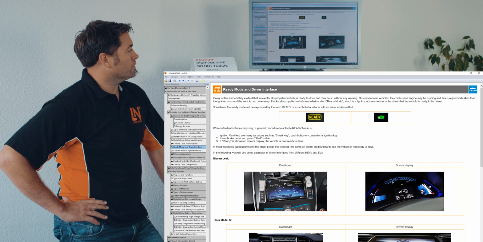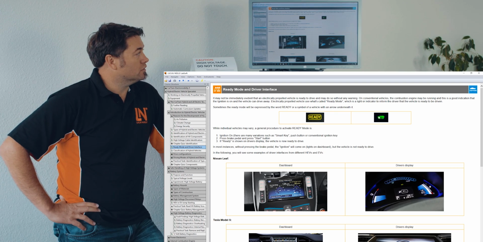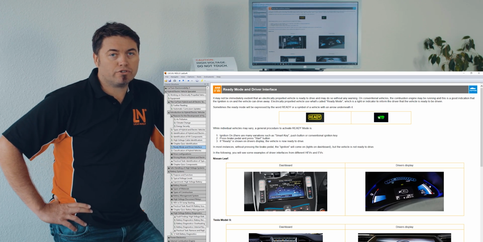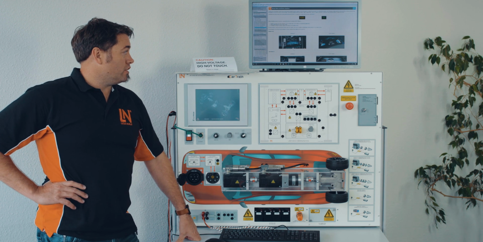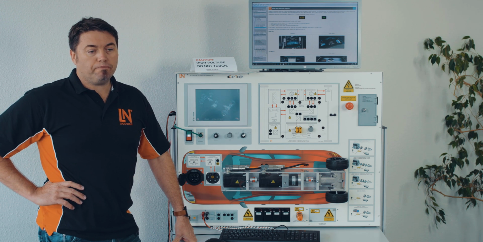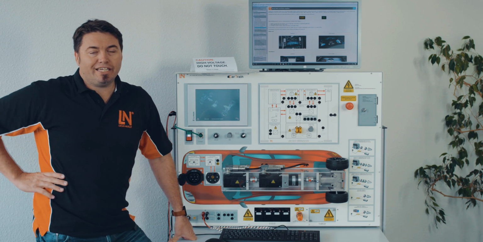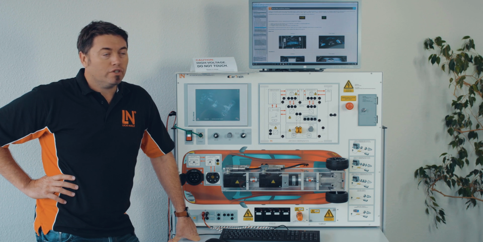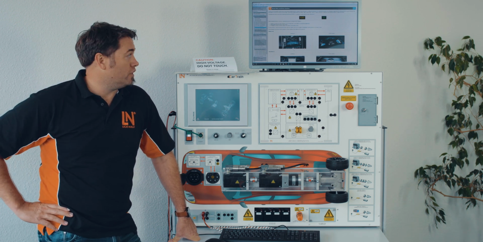Now that's equivalent to key on, engine running. So the vehicle is literally ready to drive. You'll see with the ignition display here that if you don't press the brake pedal when you press the ignition on, you'll get the condition key on, engine off. And so the vehicle is obviously not ready, but all of the lights will be on the vehicle.